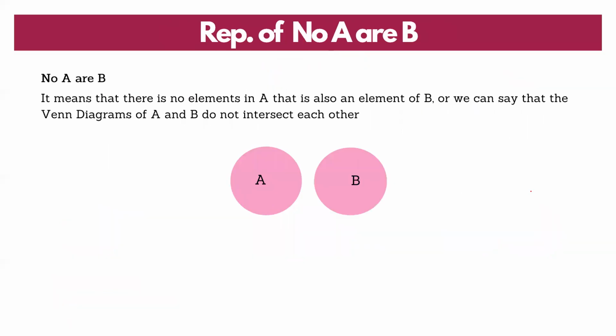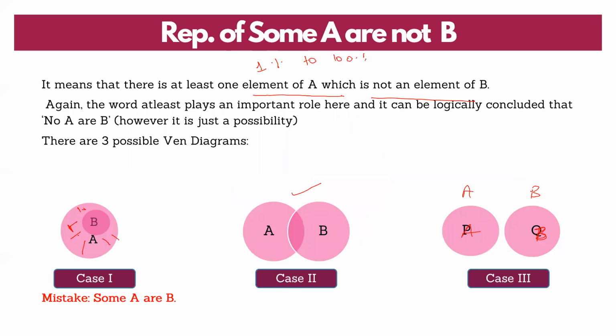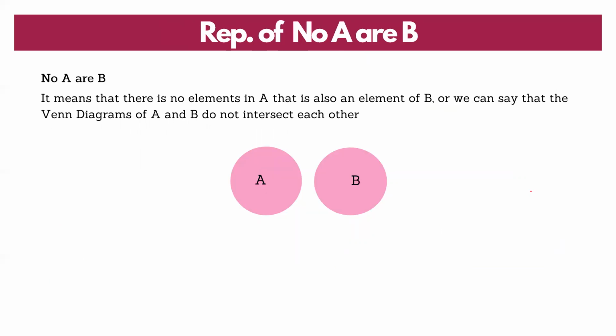"No A are B" is the easiest one. Just separate them. "No A are B" is the extreme case of "some A are not B". The 100% case of "some A are not B" is "no A are B". And the extreme case, the 100% case of "some A are B", is "all A are B", overlapping circles.